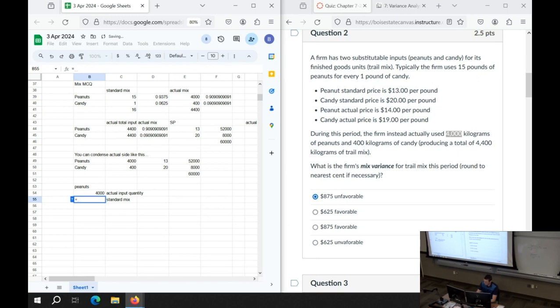Or we could calculate it fresh of 15 divided by 1 plus 15, from this right here. Of the 16 pounds talked about in this sentence, 15 of them are peanuts. And we get the same number right there. This is percent peanuts at standard mix. And so we can multiply those.